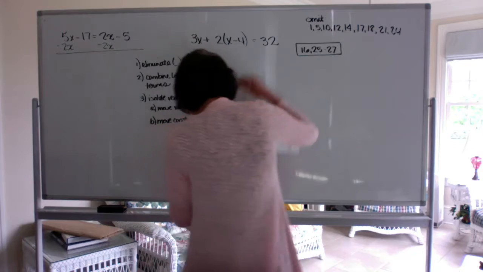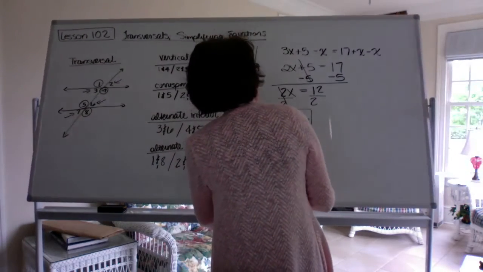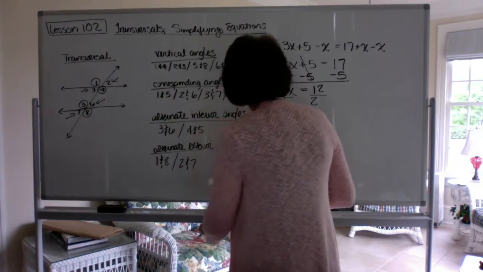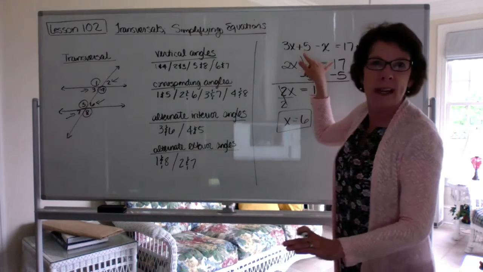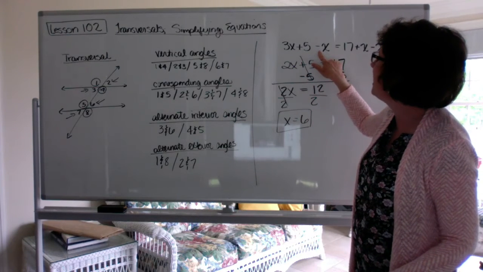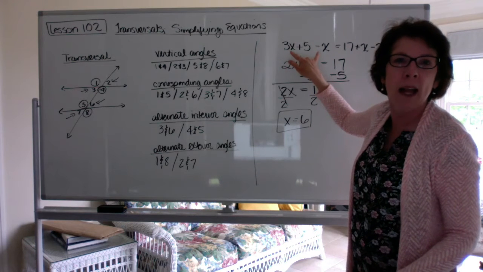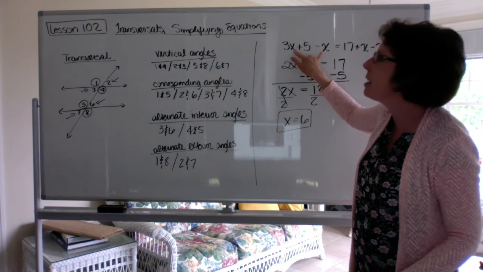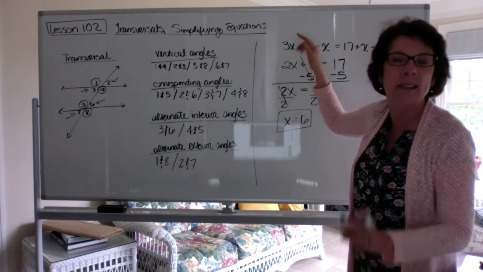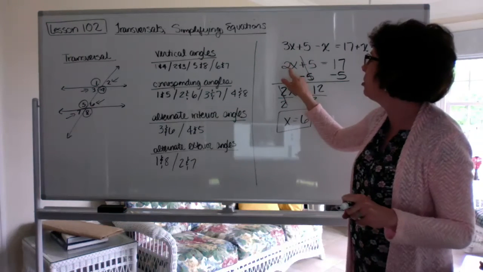Now, I want to bring this to your attention because I have students do this all the time. You see what we did here? Some students will just say, I'm going to put a plus x here and a plus x here. Don't do that. You're not adding; in this example, you're just combining like terms. 3x minus x is 2x.